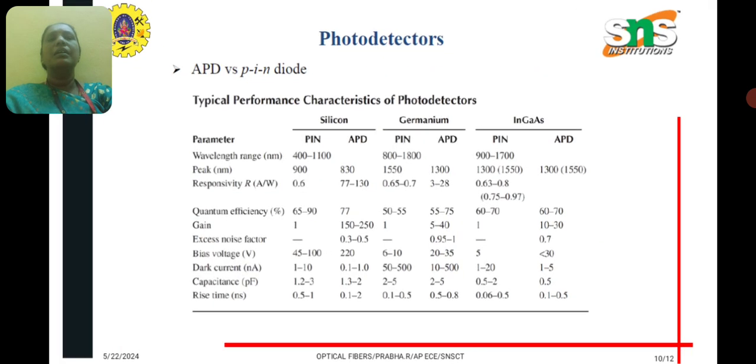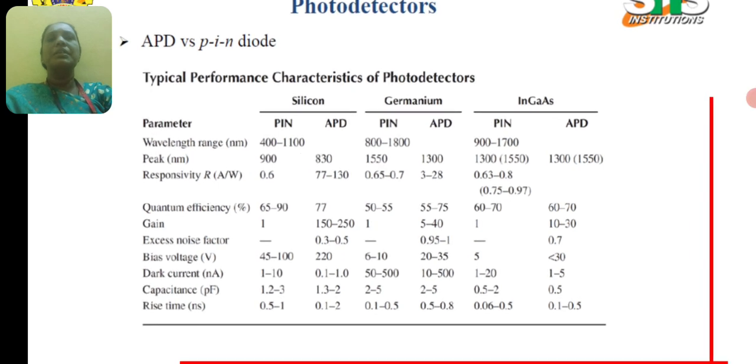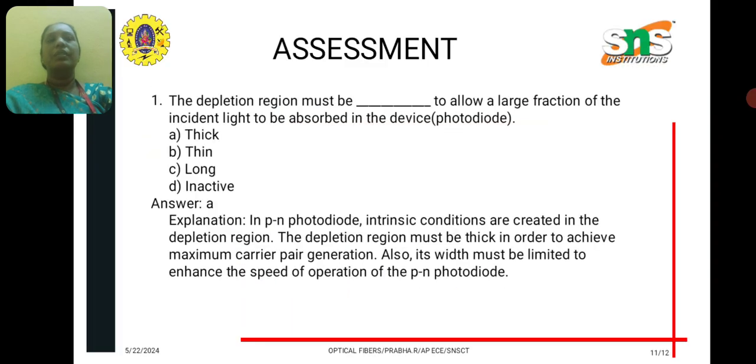So this tabulation gives the APD versus pin photodiode for various materials. The depletion region must be thick to allow a larger fraction of the incident light to be absorbed in the device.